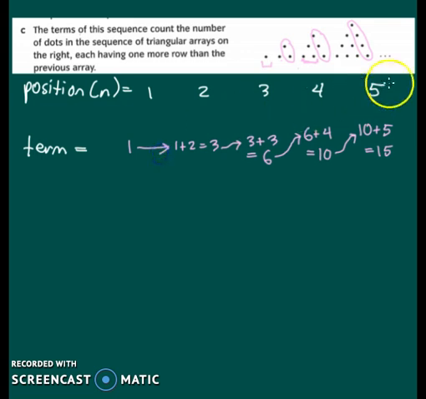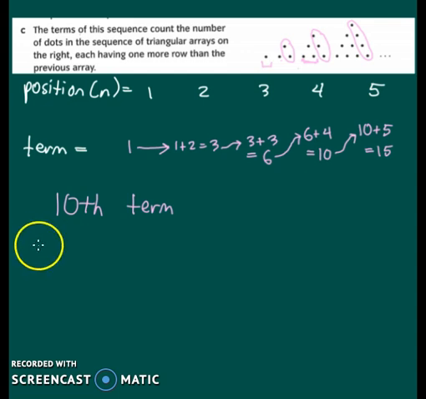Okay, so if we were going to find the 10th term, can we just guess what it is based on knowing that it's the 10th term? Well, unfortunately, in order to know the 10th term, we're going to have to know what the 9th term is so that we can add 10 to it. But in order to know the 9th term, we need to know the 8th term and so on.